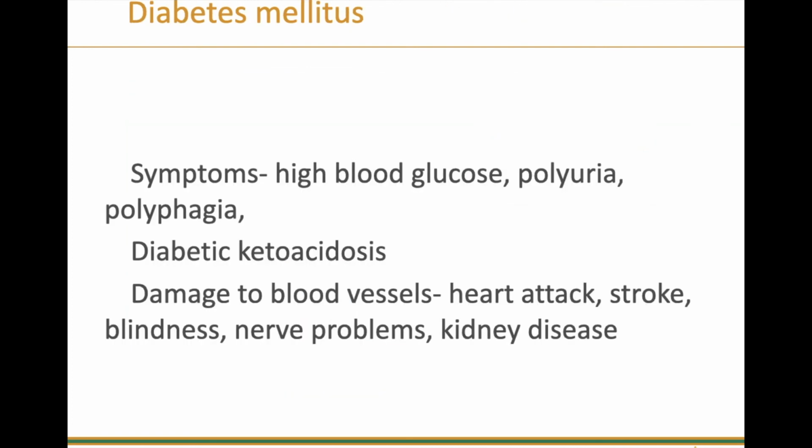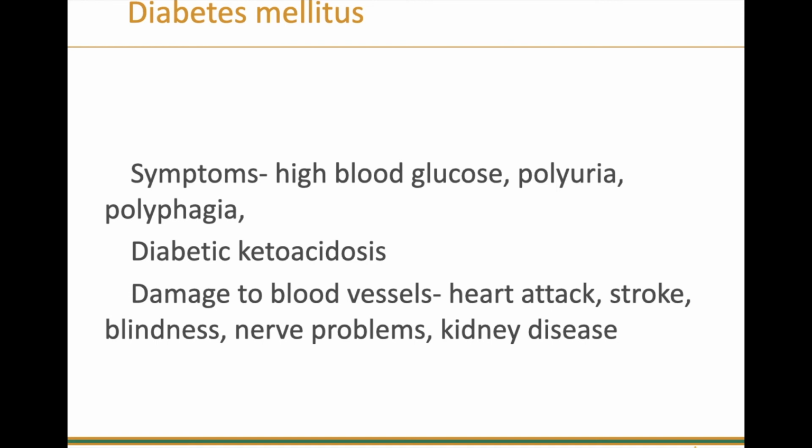Alright, next are the symptoms of diabetes mellitus. The main symptom is high blood glucose, which leads to polyuria, which means you're peeing a lot. Polyphagia means you're always hungry, you're eating a lot. This can lead to diabetic ketoacidosis. So instead of using glucose, you're breaking down other things for energy.